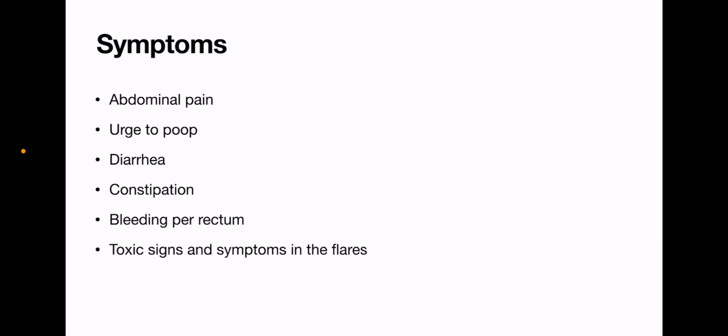It includes abdominal pain, urgency to poop, diarrhea, constipation, bleeding per rectum, and toxic signs and symptoms in the flares, like high-grade fever, severe abdominal pain, severe bleeding, like fresh bleeding per rectum, and all other symptoms.